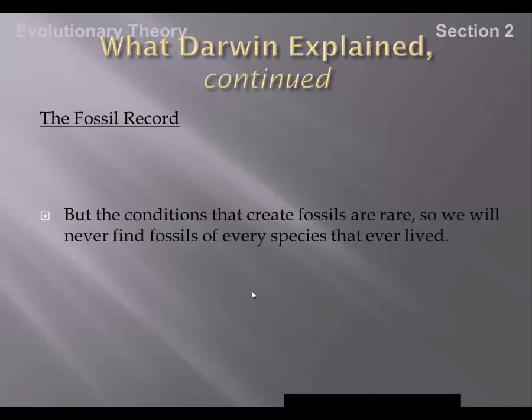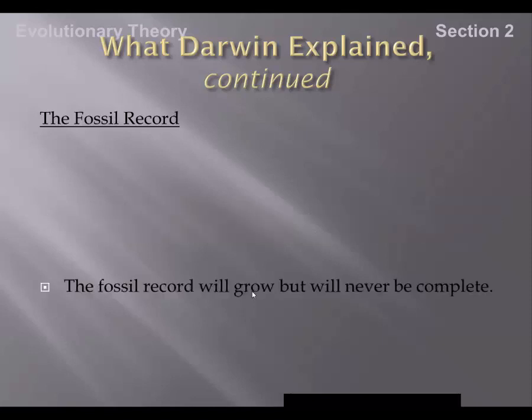It's also important to realize that conditions that are needed to create fossils are extremely rare. So we'll never have a complete fossil record of all the species that lived on Earth in the past. The fossil record may grow, but it will never be complete.